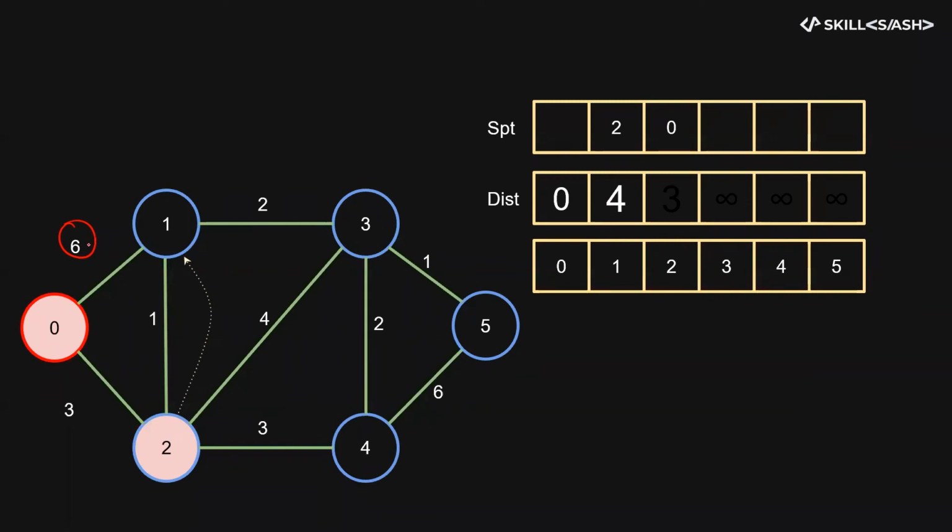Then I'll update this value to 4, that node 1 is reachable with 4 units of weight, which is the least so far. I'll update the parent as well: the parent of 1 will be 2, right?